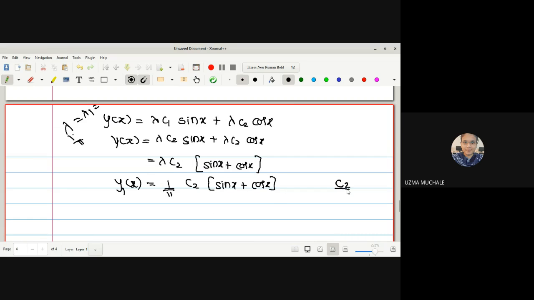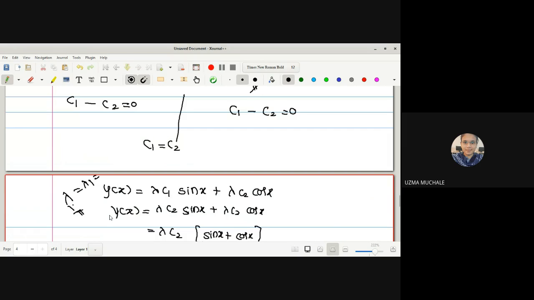C2 upon pi is some constant, so it will be another constant. Let me rename this as C to have a simplification. Or you can write it as it is, C2 upon pi into sin x plus cos x. So corresponding to lambda 1 equal to 1 upon pi, the eigenfunction is sin x plus cos x. Okay.